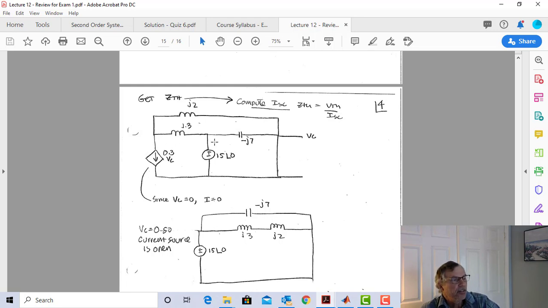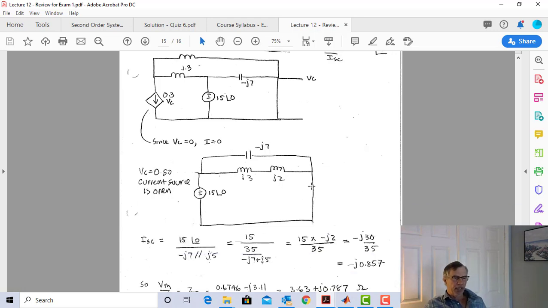So this piece of the circuit from the 15 volts is actually shown by this right here, and it's in parallel with J7. So you just kind of have to do some two-dimensional visualization to see that.